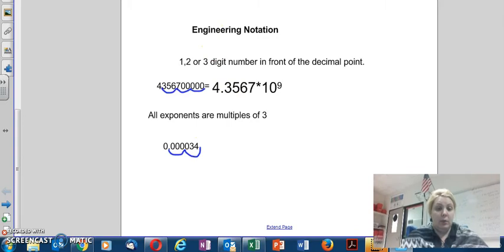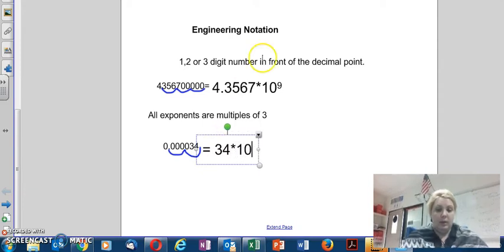That means I can use that because it's a 2-digit number. So I'm going to write that out: 34 times 10, and I went twice, so 2 times 3 is 6. But I also went to the right, therefore it's negative 6. So 34 times 10 to the negative 6.